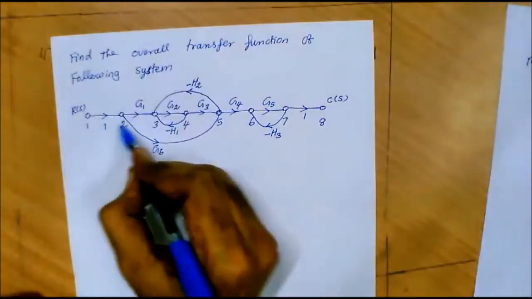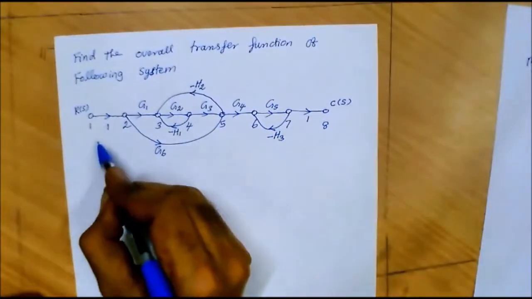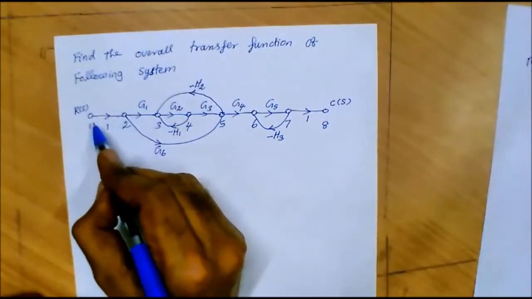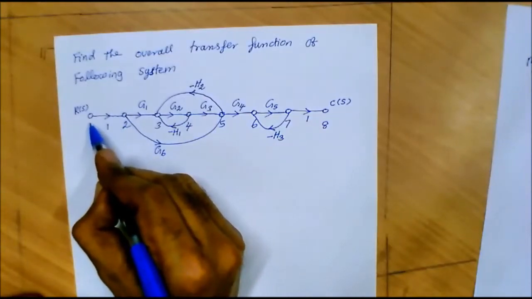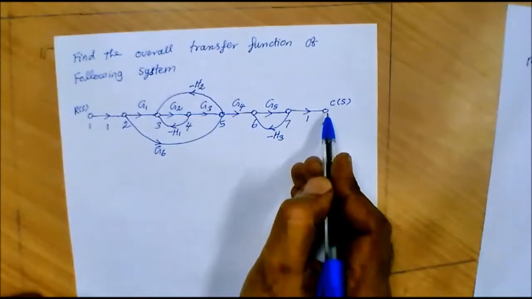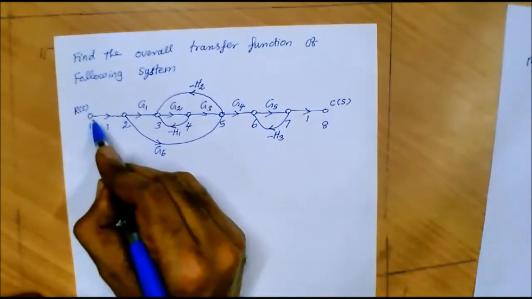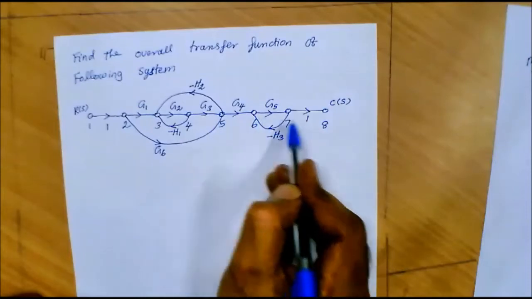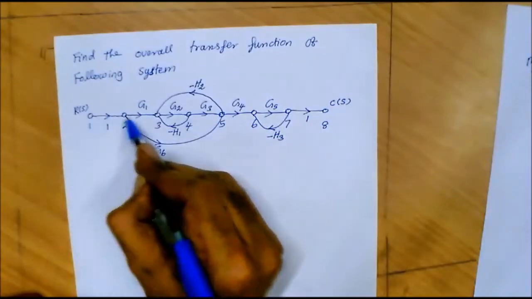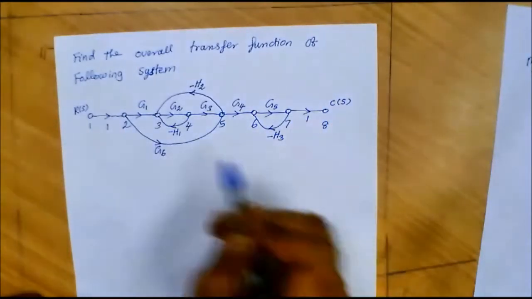If we consider this signal flow graph, we have forward paths which start from the input node and end at the output node. If we traverse across 1, 2, 3, 4, 5, 6, 7 and 8, this forms one forward path.